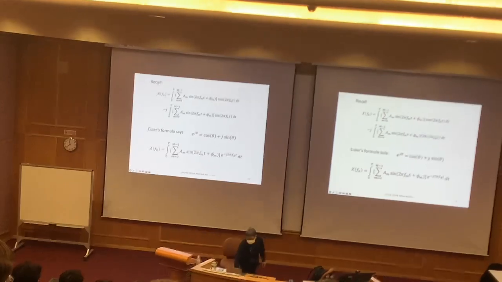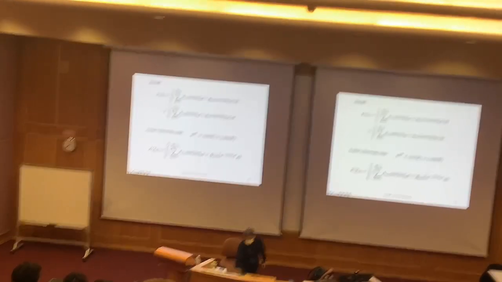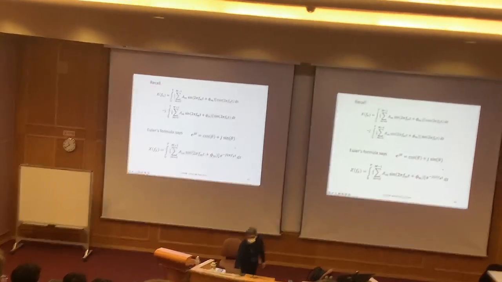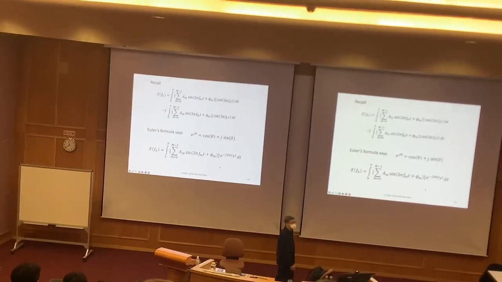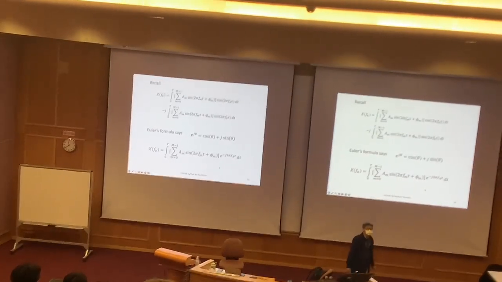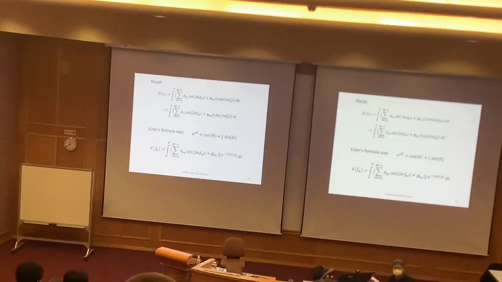So listen, this is the input signal, right? And you dot product with e to the minus j k t. It will give you the frequency components that you're looking for. Understand? Okay or not?